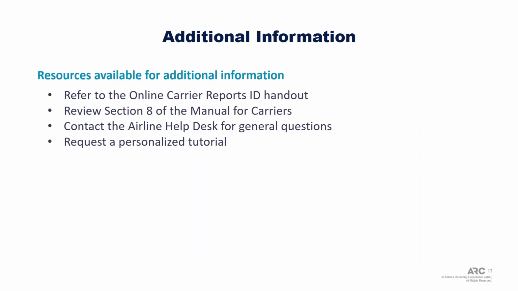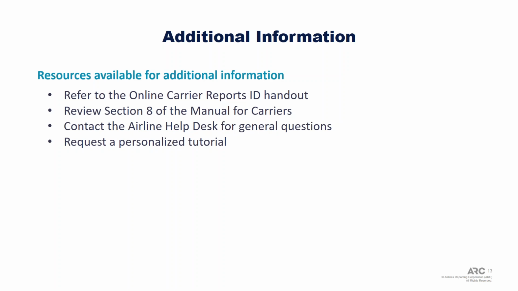Additional information: some of the report sources that are available for the online carrier reports are going to be found in the online carrier reports ID handout that Crystal's included in this presentation, and she's also going to email a copy of that out to you with the presentation.